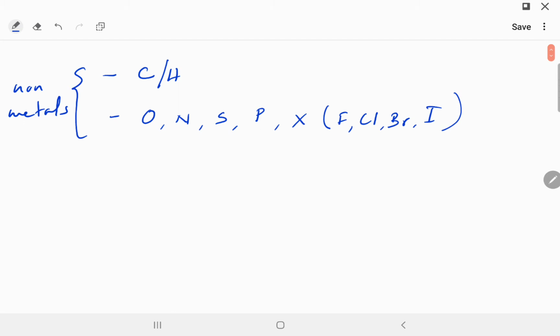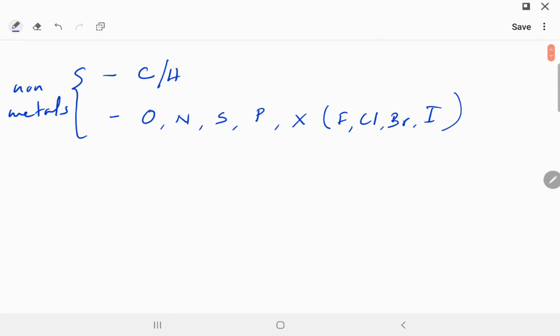Those are some of the common metal ions that could be present in organic compounds, but 99% of the times the organic compounds are composed of non-metal atoms. Okay, so as compared to inorganic compounds, organic compounds are composed of non-metals.